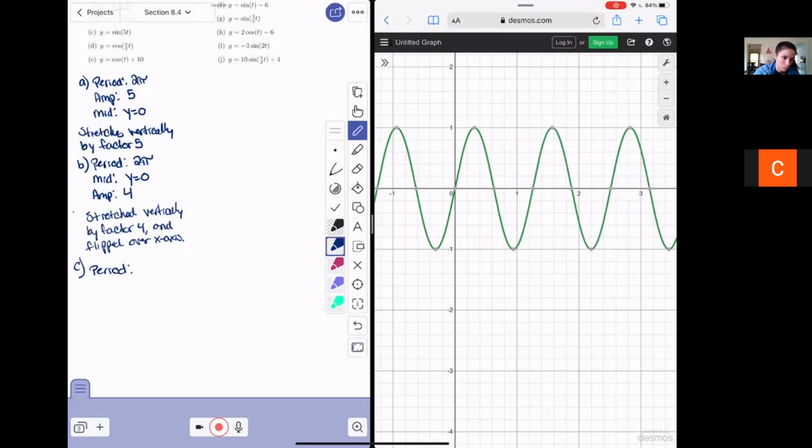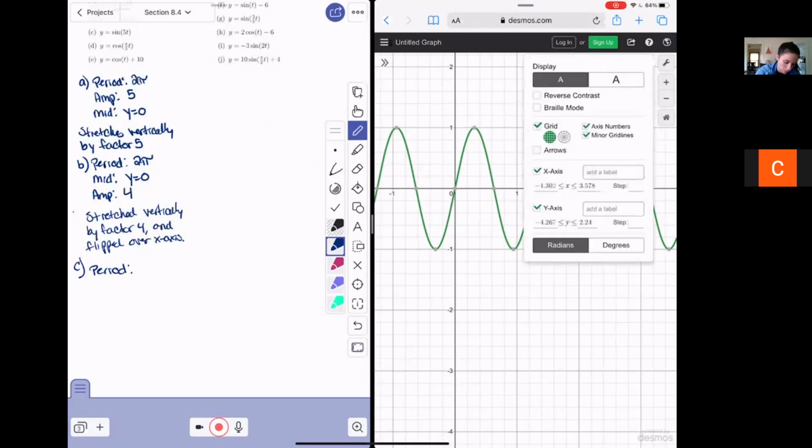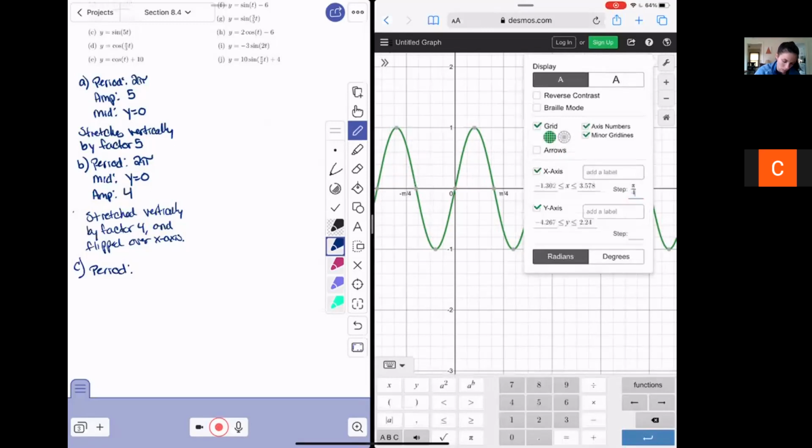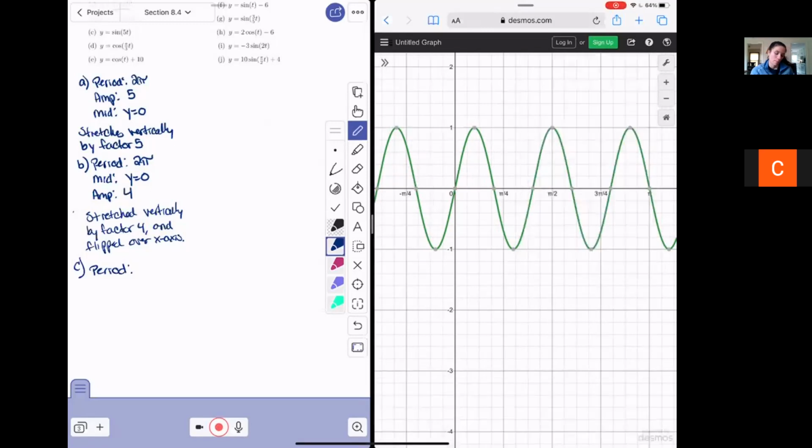Perhaps. Okay, so this period, I'm going to keep this as pi over 4, is a little messy because it's not directly on one of our points. Let's first talk about how is this function being transformed?